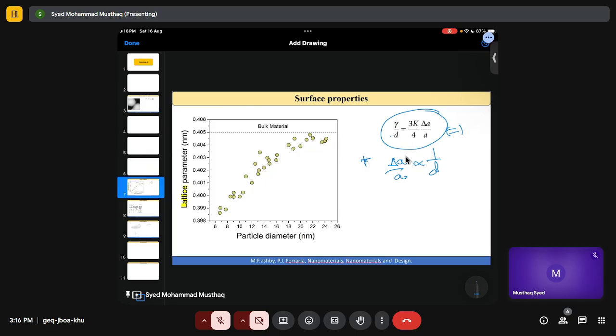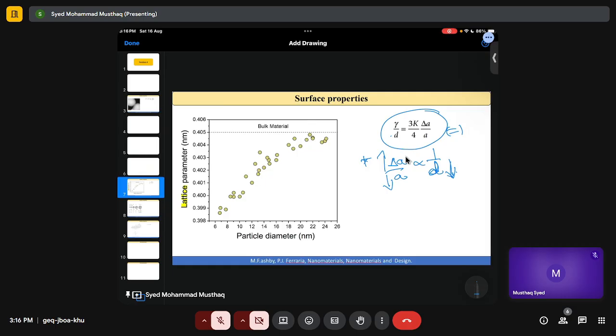So when the particle size decreases, our lattice parameter will change, and it will go down. Because this goes down, this goes down, and this will go up. So that is the relation, right? There is a need for change.